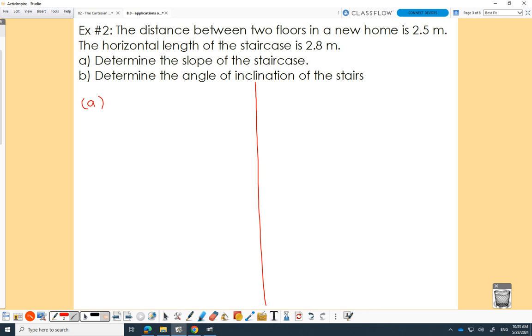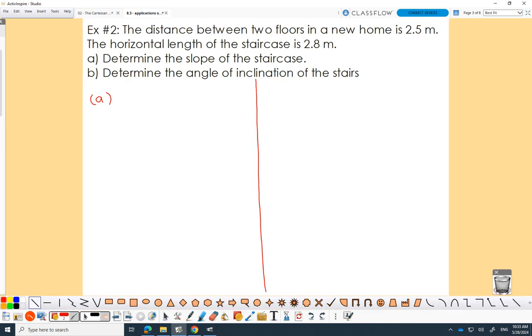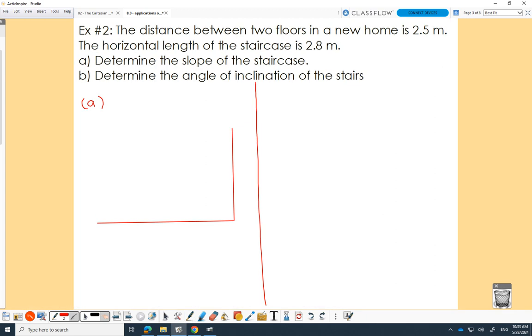The distance between two floors in a new home is 2.5. The distance between the two floors was 2.5 meters to get from floor 1 to floor 2.